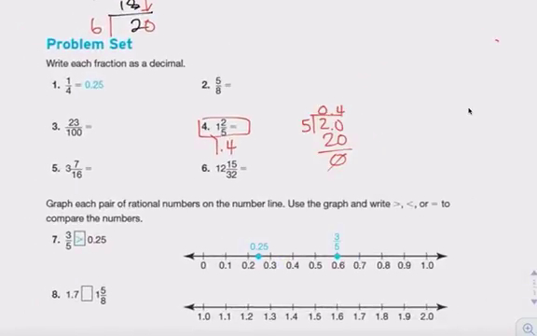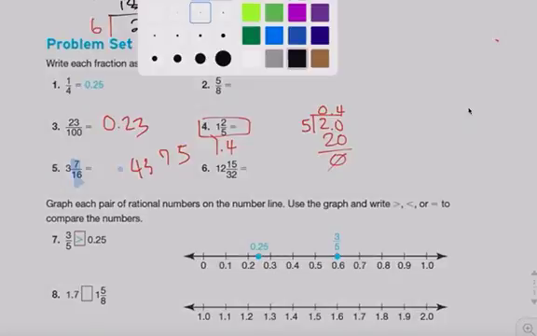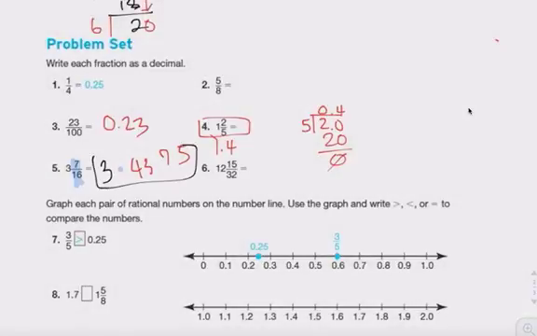The rest I can use a calculator. 23 divided by 100, you should get 0.23. 7 divided by 16 equals 0.4375. In place of 0, I put this 3 that's there, and that's my answer here.